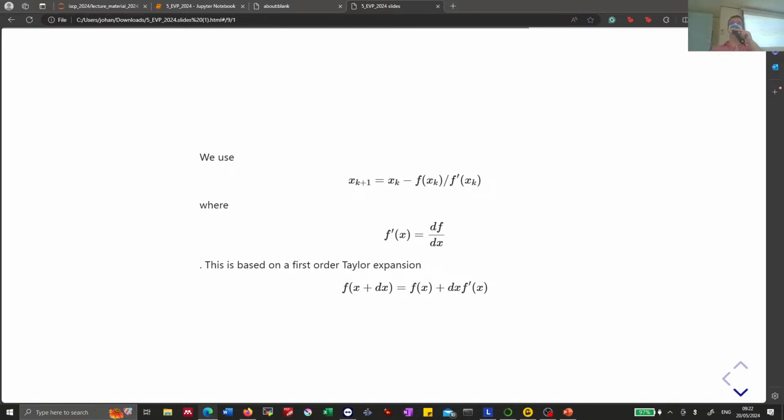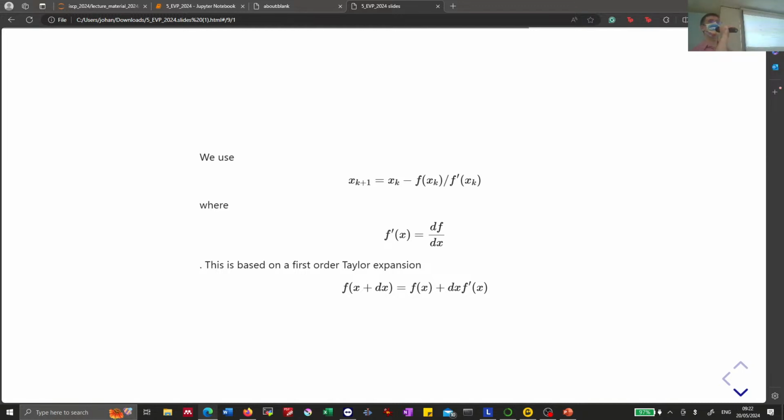One thing I want to notice. There's a big difference that you must be aware of between x and xk. For the case x, x is a continuous variable, right?